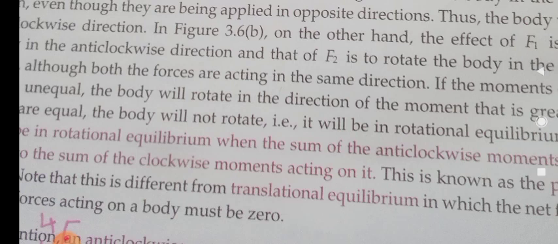When you add all the clockwise moments together and all the anti-clockwise moments together, and we find that they are equal, then we say that the body undergoes no rotational motion. Such a condition is called rotational equilibrium. Did you understand what rotational equilibrium is?